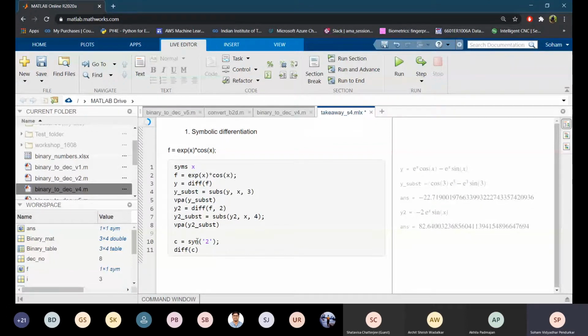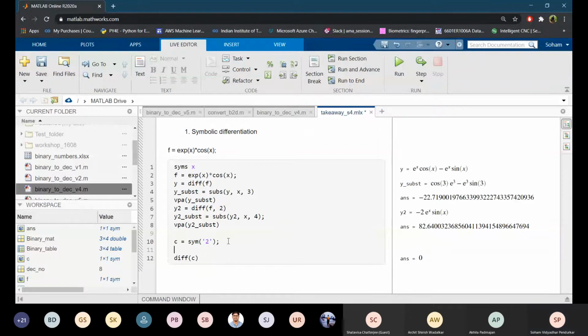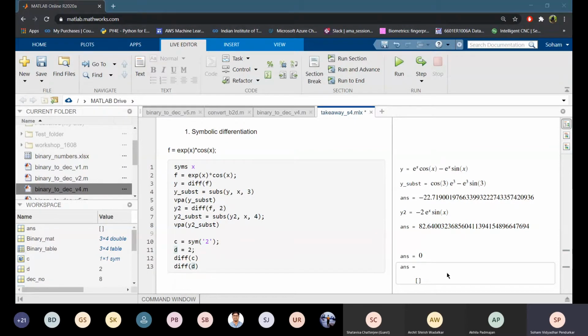But if I hadn't done that, let's say d is equal to 2, let's see what happens to diff d. It gives an empty value. Why? Because it doesn't understand that d is a symbolic variable, and this diff function belonging to the symbolic toolbox needs something symbolic inside it. So whatever you're putting inside should also be symbolic for it to understand.